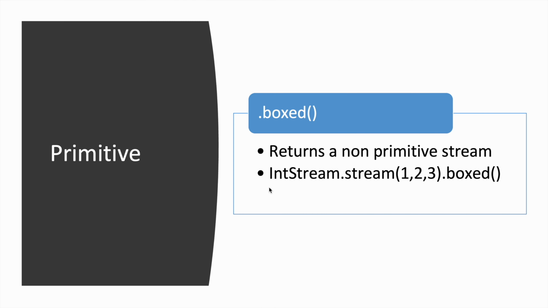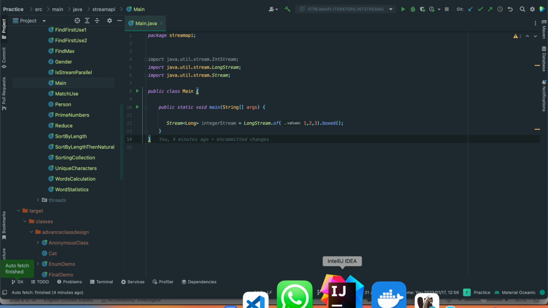So if you have a primitive stream that you want to convert into a non-primitive stream, you will have code like this: let's say it's just an IntStream, and then you just call a method called boxed. It will just convert it to the non-primitive stream. So let's see this in code.